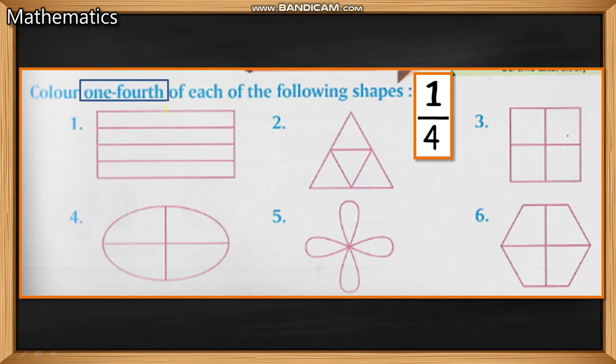Then shade 1 part. In the second question, how many are there? 1, 2, 3, 4. You may shade 1 part. In the third question, how many are there? 1, 2, 3, 4. You may shade 1. Okay. In every question, shade 1 out of 4. You may shade any.